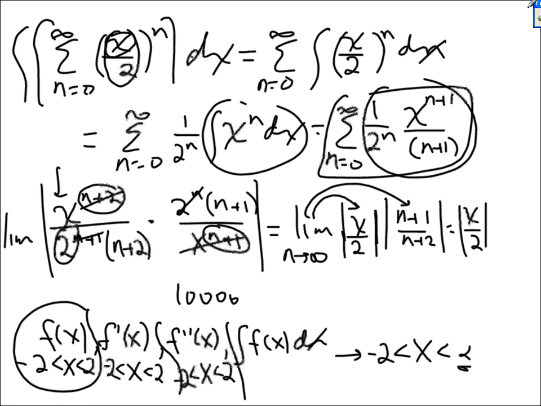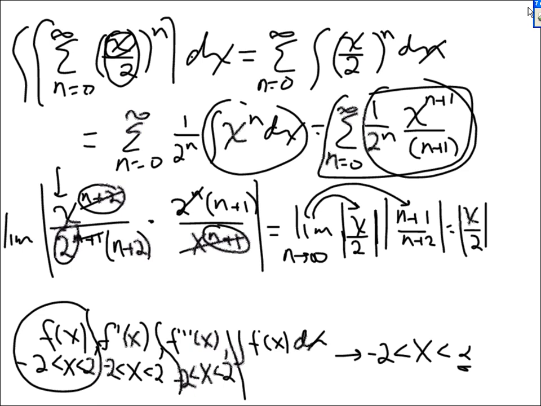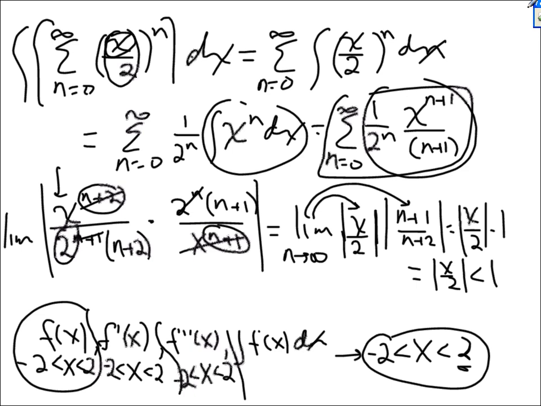If you take this number in a long string of zeros over 1, and then in the bottom you have the same number of zeros, but you have a 2 in the bottom, plug that into your calculator. Tell me you don't get 1. And if you don't, because your calculator is good at approximations, it'll be very, very close to 1. Times 1, which is this, and you want this to be less than 1. That is, you want x to be in between negative 2 and 2.